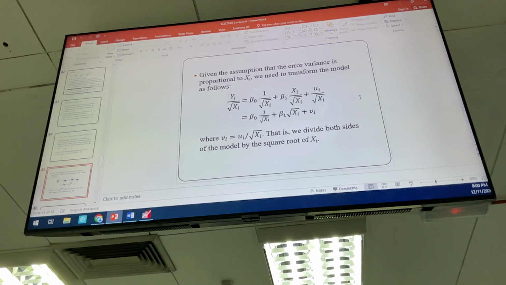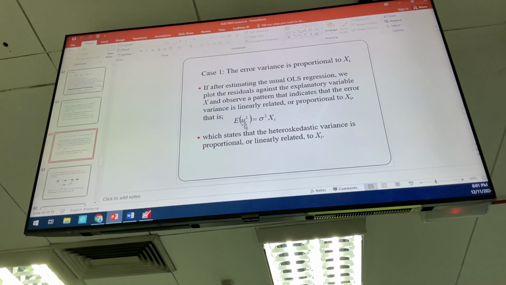So what you can do, given the assumption that error variance is proportional to xi, is transform the model so that the new error term has a constant error variance. This one is not constant because the error variance, sigma square xi, depends on the value of x.